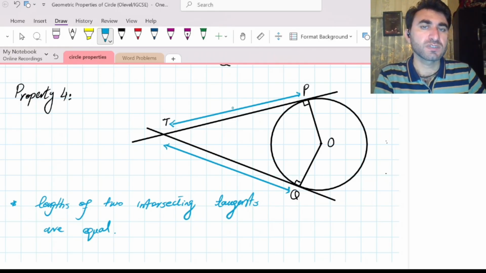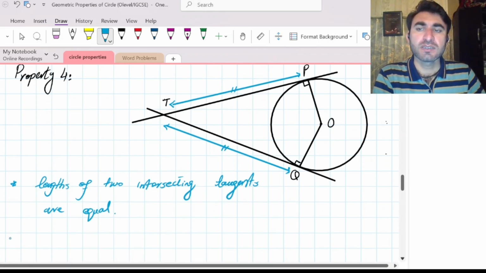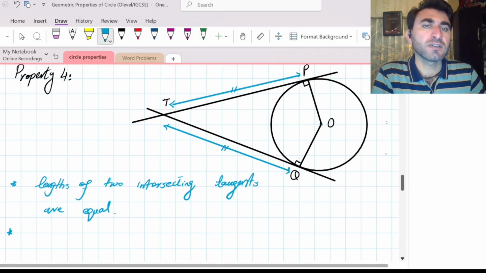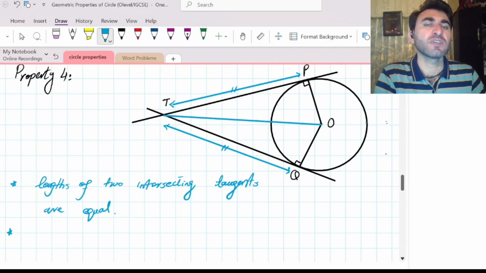Now the second part of this property is that if we join the center of the circle with the point of intersection of tangents, this line segment bisects the shape, the quadrilateral OPTQ.